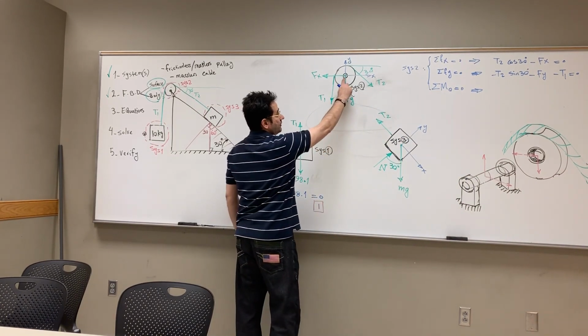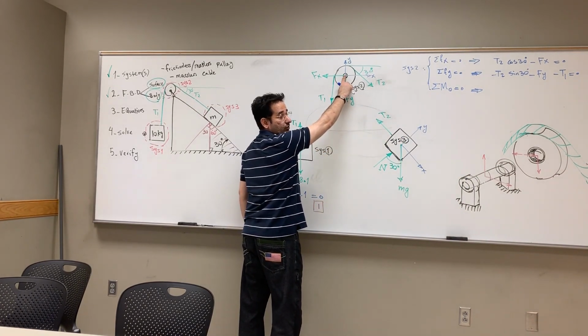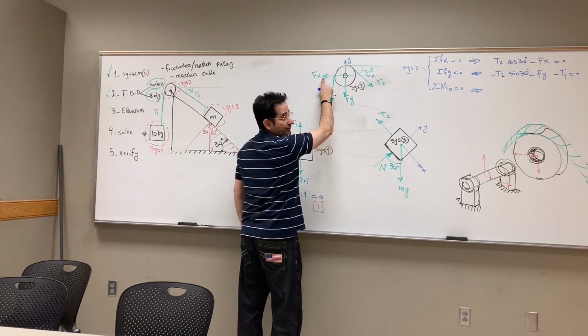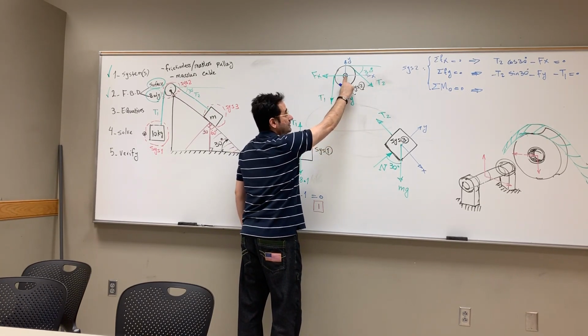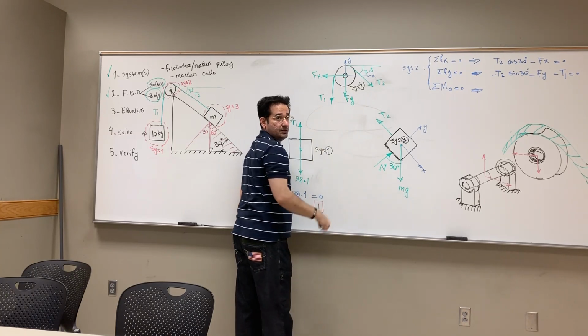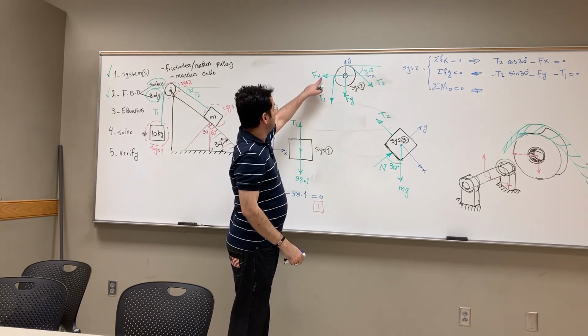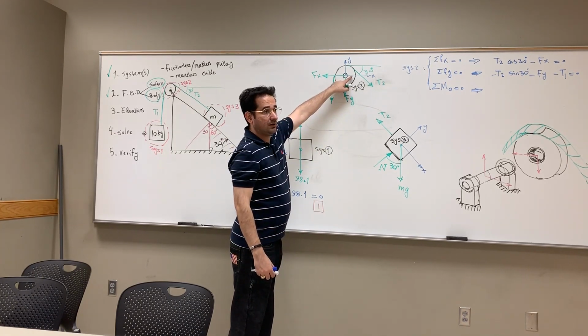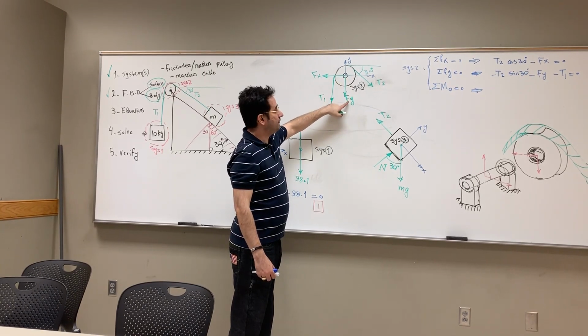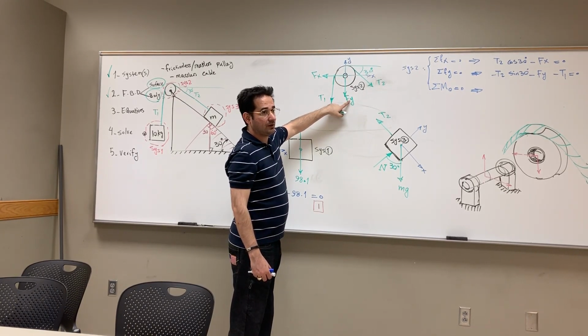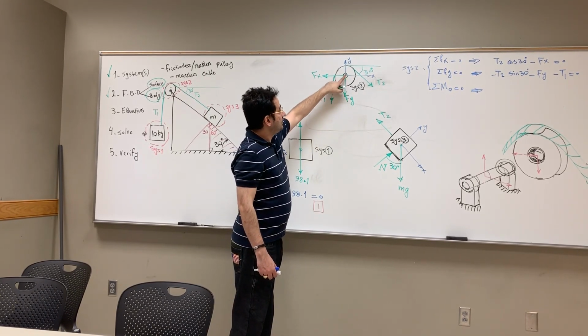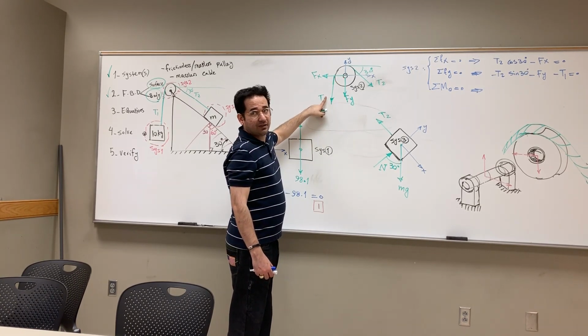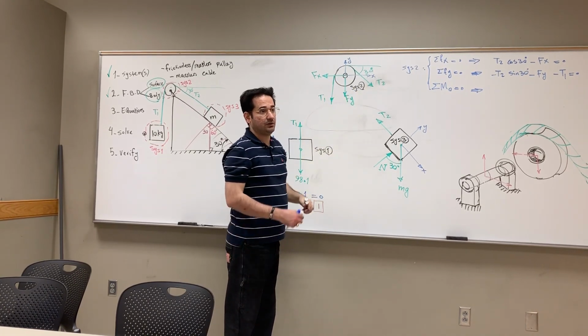So if I want to find the moment with respect to O, let's start with Fx. What's the moment of Fx with respect to the center? 0, going through the center. What about Fy? 0, right? So the only thing that remains is T1 and T2, right?